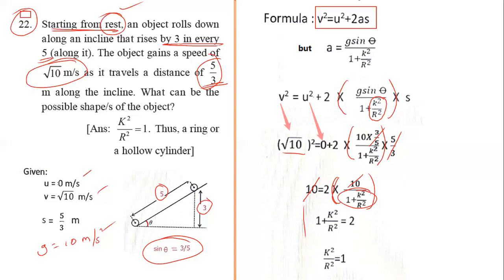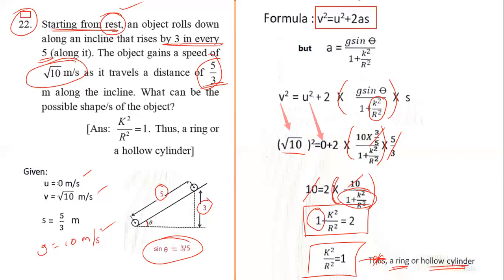So we get 1 plus k² by r² is equal to 2. This 1 we can shift to that side, so it is 2 minus 1, 1. So we get k² by r² is 1. And k² by r² is 1 for a ring or hollow cylinder. Therefore the object is a hollow cylinder.